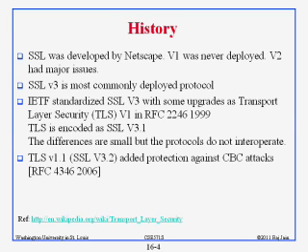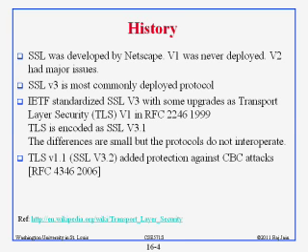You cannot have one side speaking SSL version 3 and the other side speaking version 3.1, even though they are just 0.1 version apart. Either both sides speak 3 or both sides speak 3.1. And obviously nobody wants to speak version 2 because version 2 is known to have a problem.